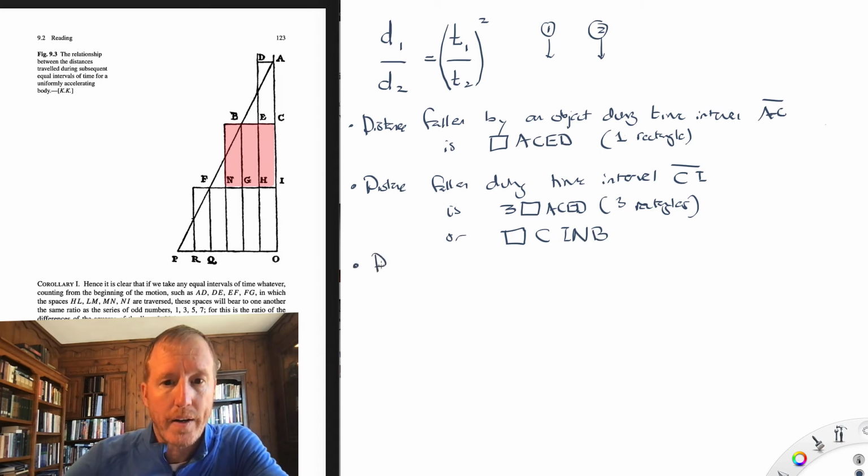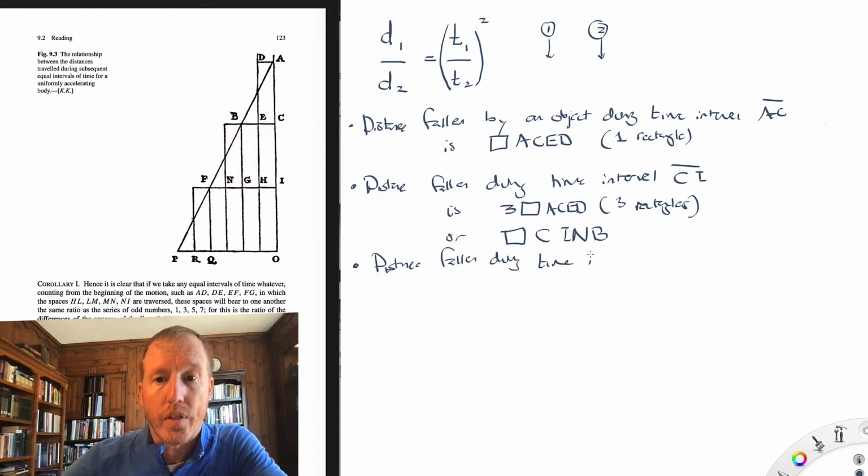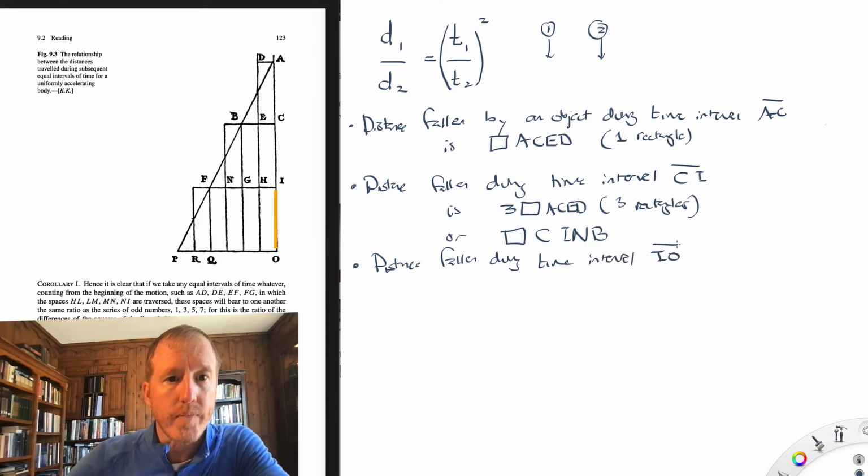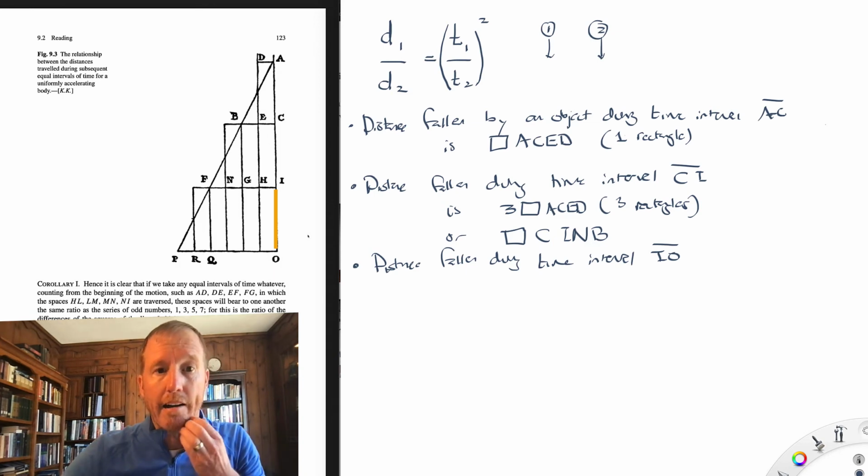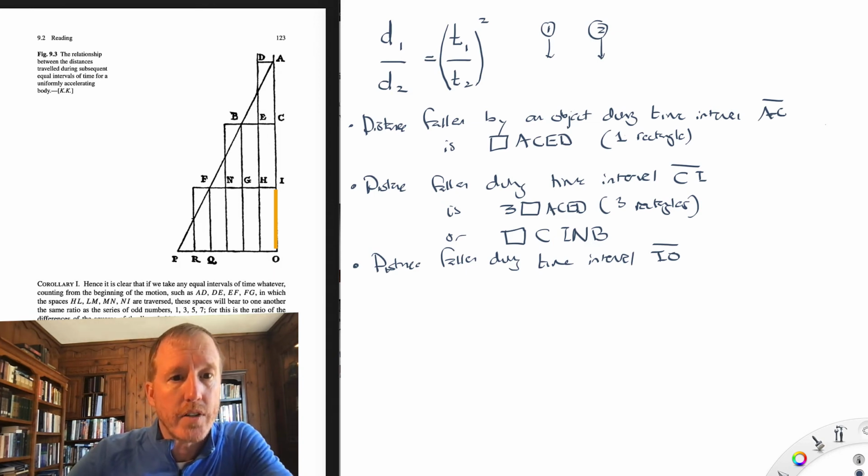What about the distance fallen during the third time interval, that is the time interval given by IO? Well, at the beginning of time IO, the speed is given by the line segment IF, and at the end of that time interval, the speed is given by the line segment OP, and so the mean speed is OR, and so the distance the object will have fallen will be OR times the time interval IO, which is just 5 rectangles.